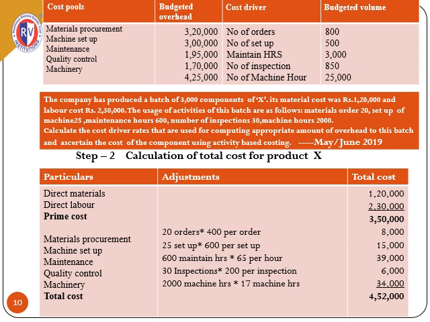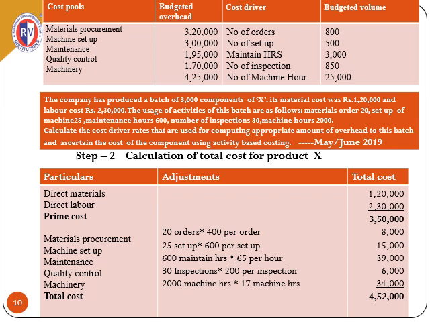Let us take an example. Material procurement: 20 orders and the rate per material order is 400 rupees, so cost of material procurement is 8,000. Then machine setup: 25 machine setups and each setup rate is 600, so 15,000 is the machine setup cost. Then maintenance: 600 maintenance hours, 65 is the rate per hour, so 39,000 is the maintenance cost.